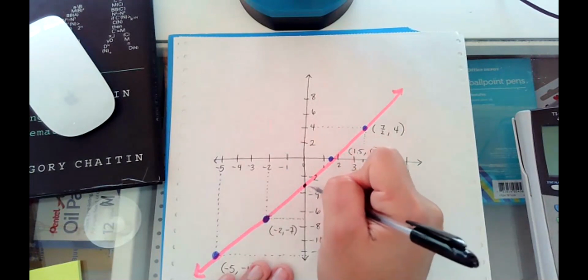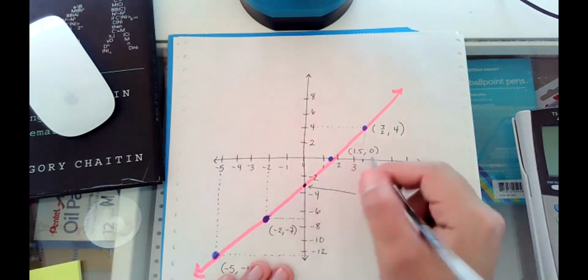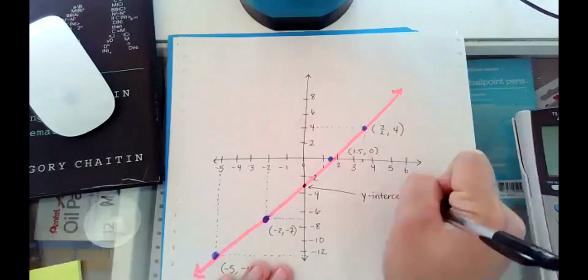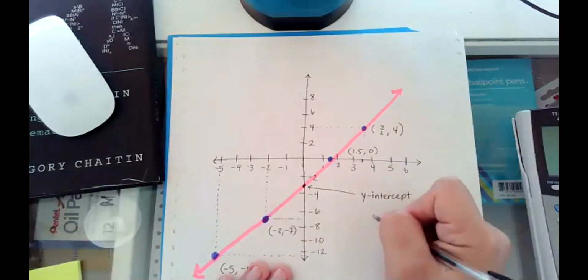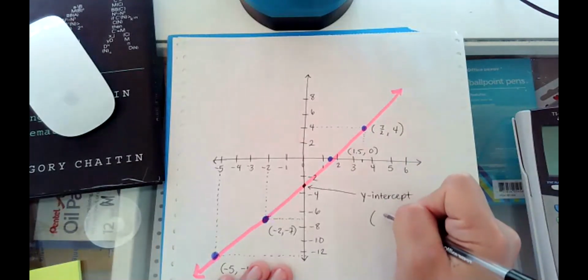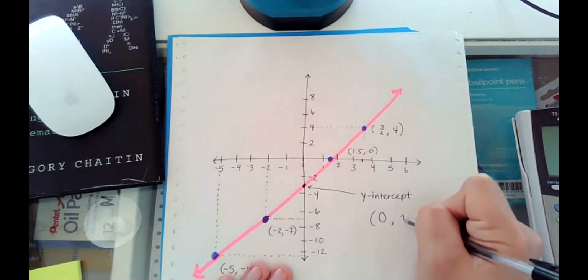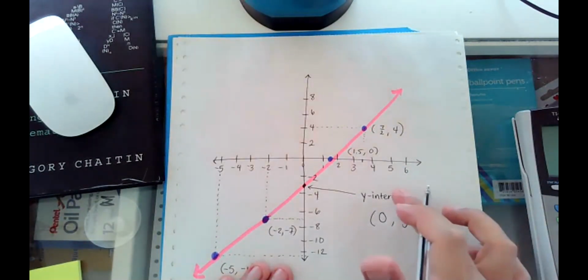We call the point where the pink line crosses the y-axis the y-intercept. The y-intercept always has an x value of 0, and then we have to find the y value. That's just a special landmark.